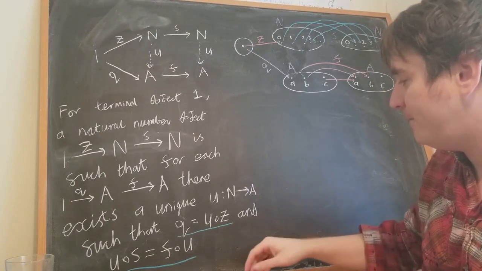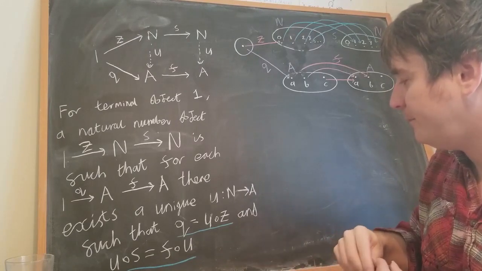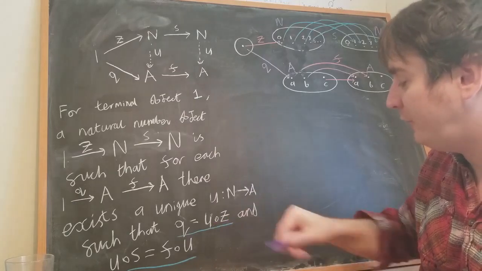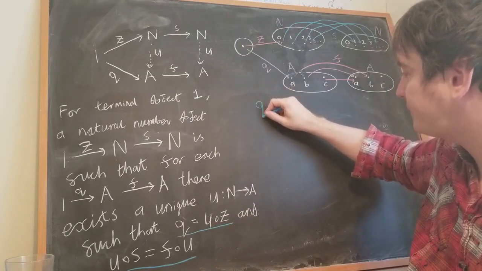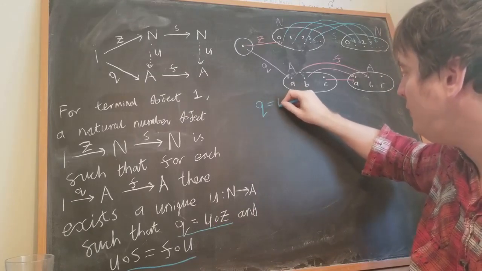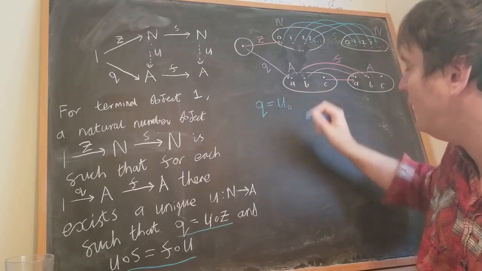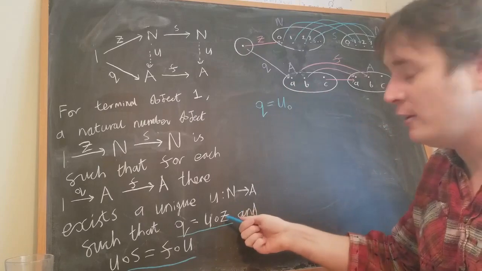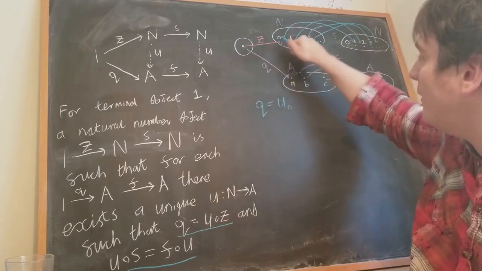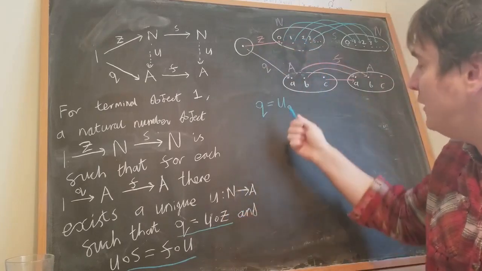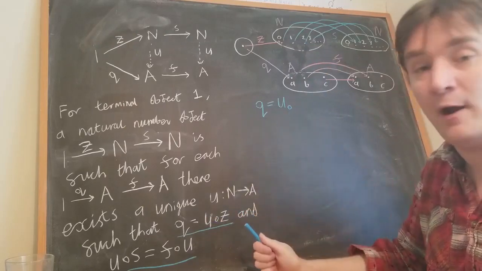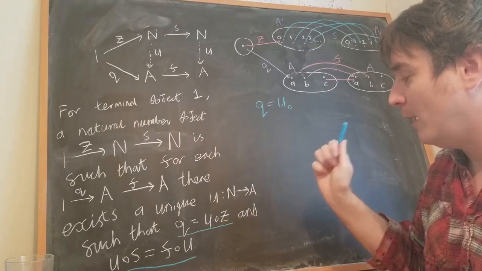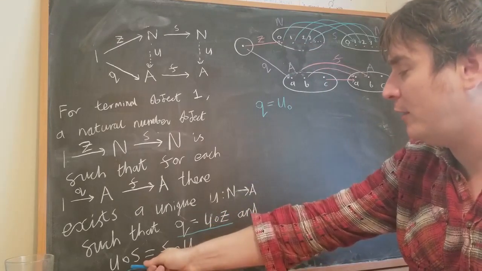Well, let me rewrite this as q equals u of 0. We know that z here represents 0, and I'm just using a subscript instead of writing u after 0. How about this condition here?